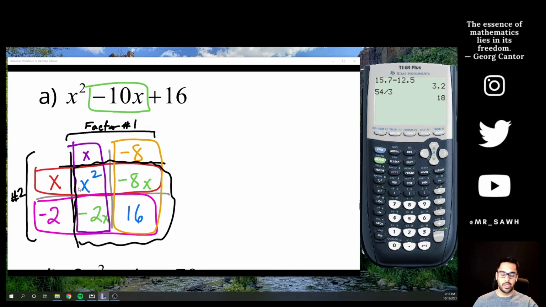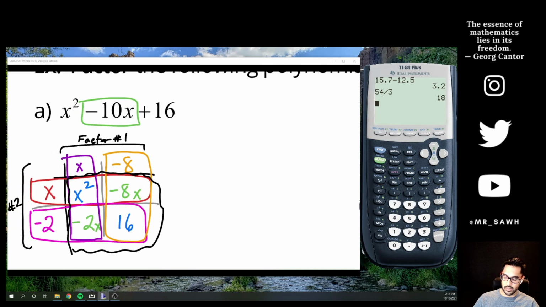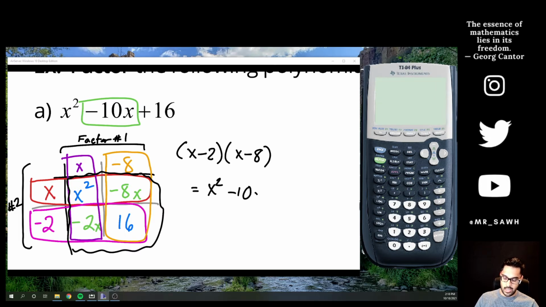Essentially, this is the area of a rectangle. So if I take the length and the width of it and multiply them, I get this polynomial expression. By taking that area apart, well, now I know that x minus 2, doesn't matter which order, multiplies with x minus 8 to give me x squared minus 10x plus 16.